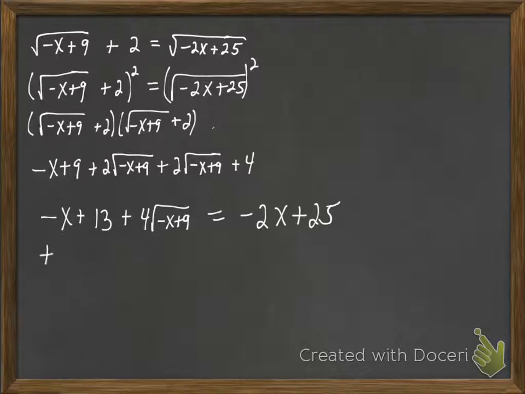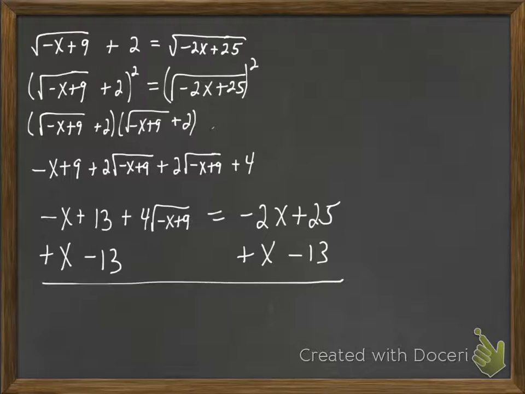So add the x to both sides, subtract 13 from both sides. That gives us 4 square root of negative x plus 9 equals negative x plus 12.